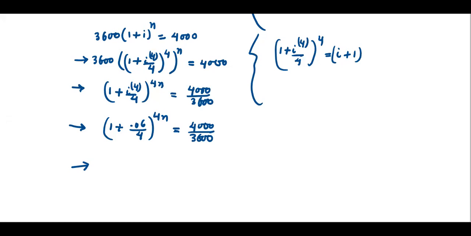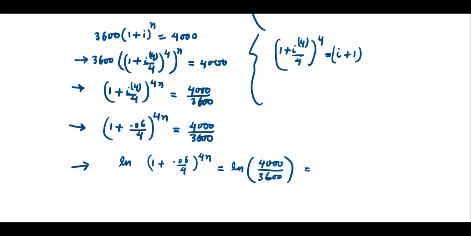Now that I4 is given 0.06, you can put here 1.06 divided by 4. You can use a calculator. Unfortunately, we'll not be able to solve this directly because power is there. We have to take log both the sides. You can write log or ln because base is e here. 1 plus 0.06 divided by 4 power 4n, that will be equal to 4000 divided by 3600. Then from this one you will get 4n.